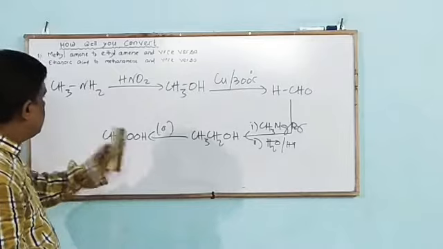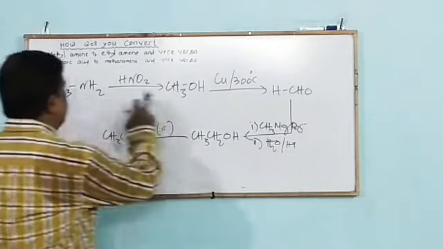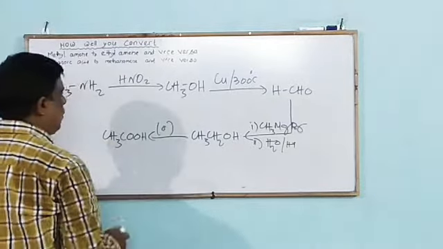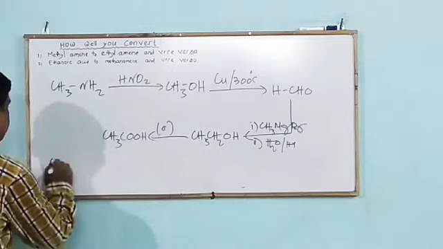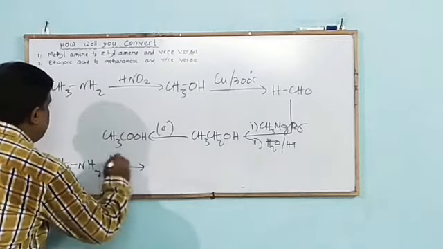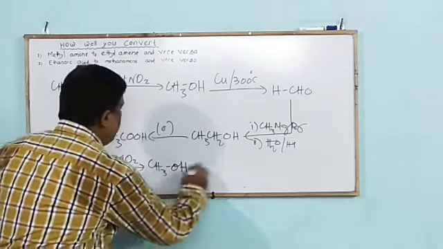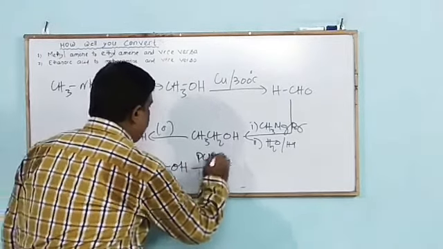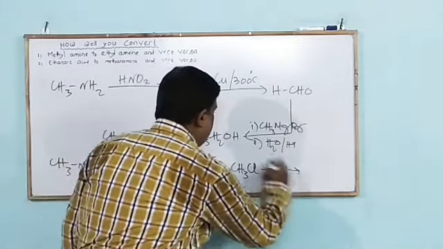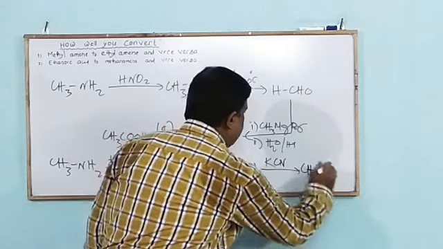One can solve in this way, or there is also another way. Methylamine reacts with nitrous acid to form methyl alcohol. Methyl alcohol reacts with PCl5 to form methyl chloride. Methyl chloride treated with potassium cyanide forms methyl cyanide.